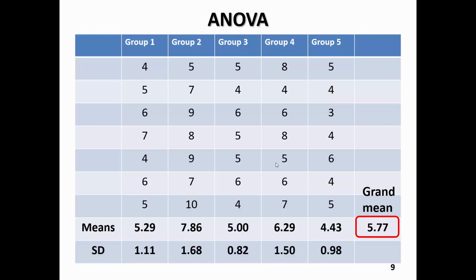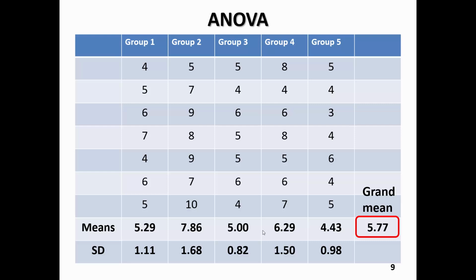And so what we see here for group 2, we see an average number of falls of 7.86. For group 5, we see an average number of falls of only 4.43. And so what we want to ask here is, are those 2 scores statistically significant in terms of the difference?